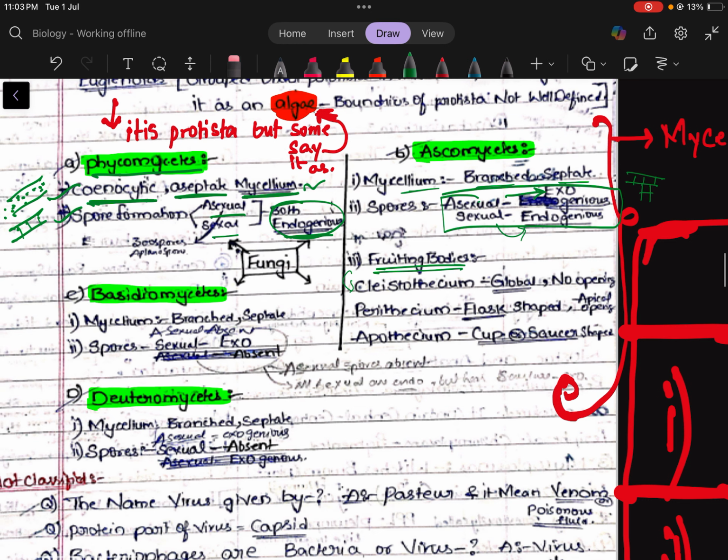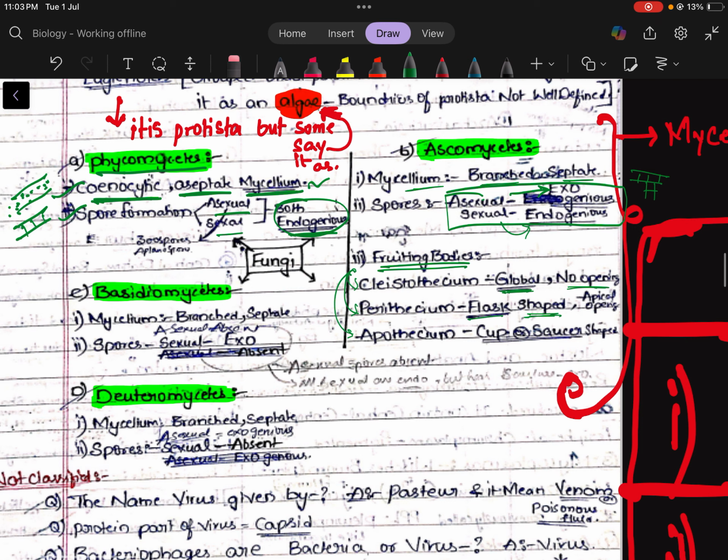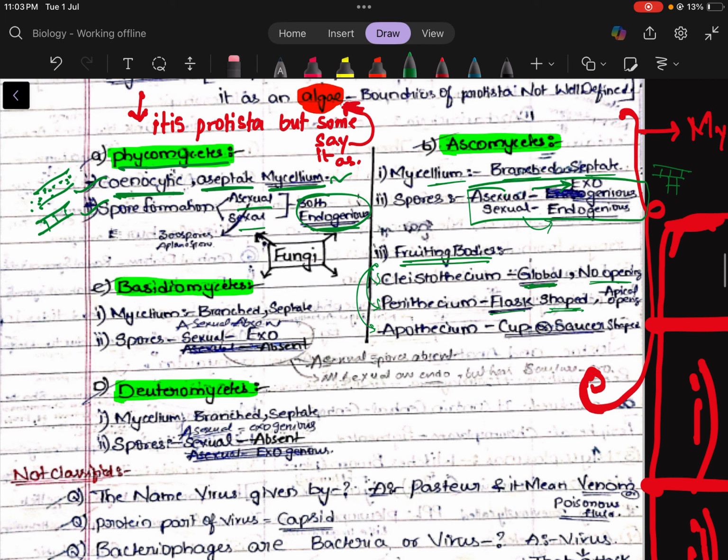Cleistothecium means globe-shaped with no opening. Perithecium is flask-shaped. And apothecium means cup-like structures. You should remember this: globe for cleistothecium, flask for perithecium, cup for apothecium.